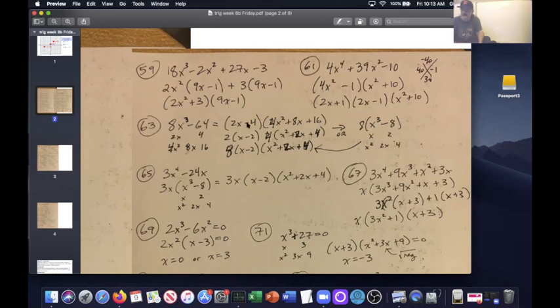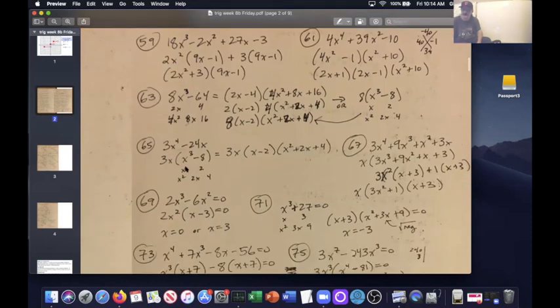So I pulled out a 2 from the first binomial, and then I pulled out a 4 from the trinomial, and you still wound up with the same thing. So if you factored out the 8, that wouldn't have been an issue. Okay, and then here, sometimes factoring out, and then you got your difference of cubes.